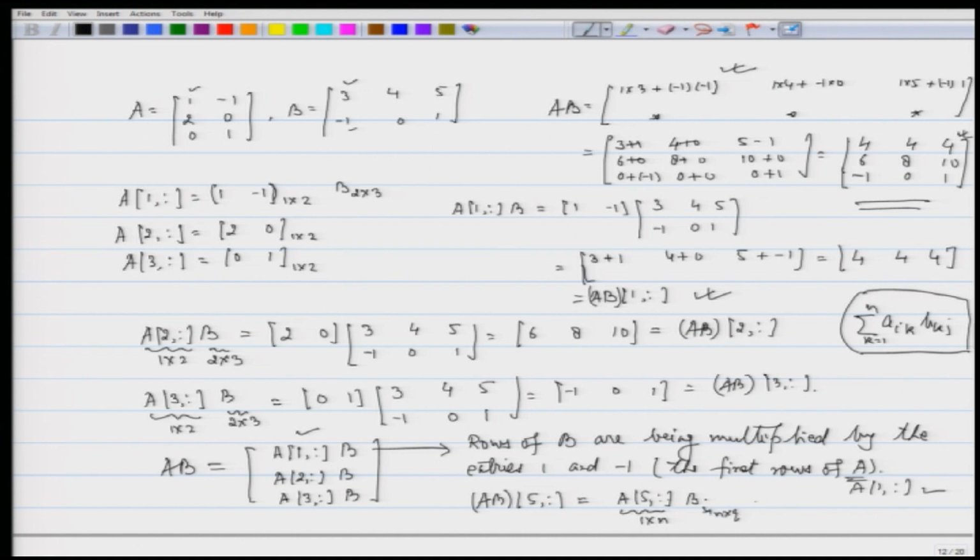So, this gives me a matrix of size 1 cross q, the fifth row of AB. Fine. So, I hope you have understood.